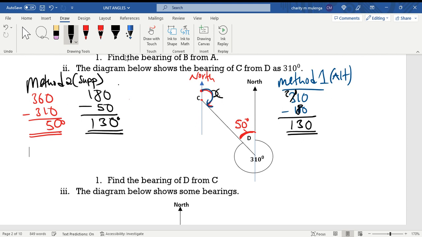So we're getting 130 degrees. So you see that we're finding the same bearing. So our bearing there is 130 degrees.